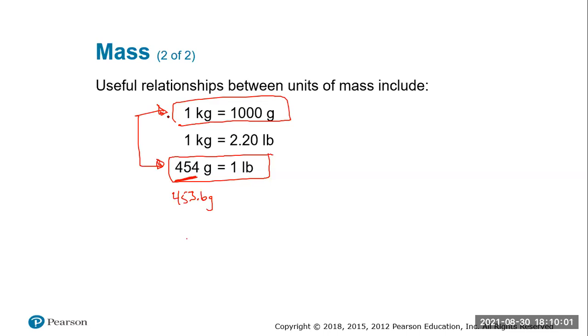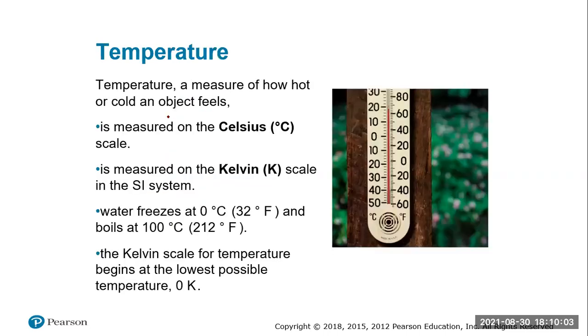Now, temperature is another quantity of measurement that we make. And there's really three types of temperature scales that we talk about in this class, and that is degrees Fahrenheit, degrees Celsius, and as I mentioned earlier, Kelvin. Again, we do not use the degree symbol for Kelvin, as I mentioned earlier, but being able to convert between these guys is really important.